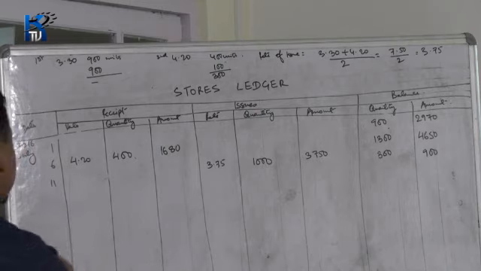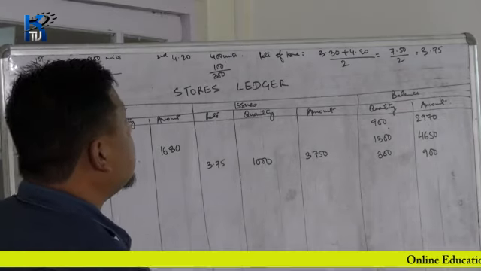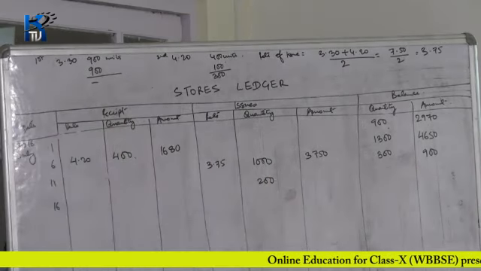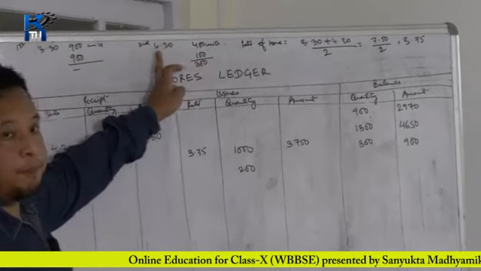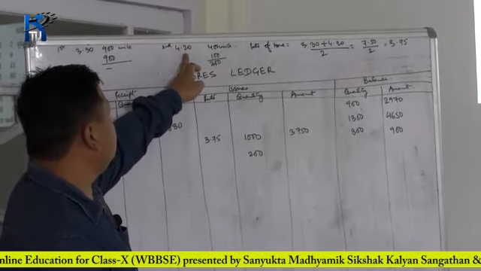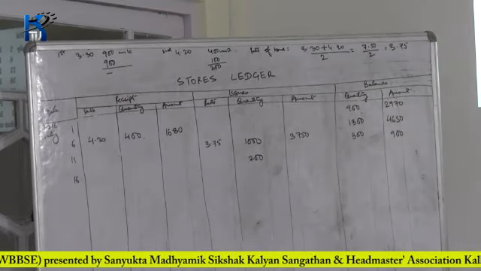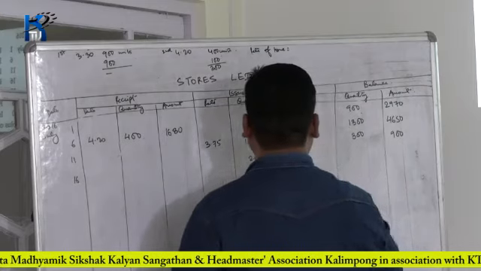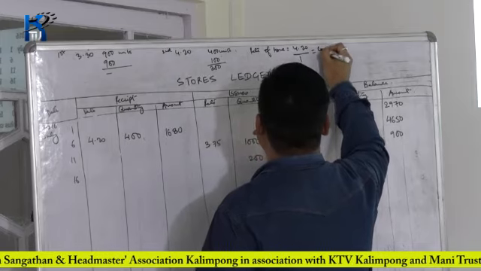Now let's go to the next date, that is on 16th. On 16th also there has been an issue of 200 units. Now you may have noticed that on 16th there is only one single batch of 300 units. Rate is 4.20. Now the rate of issue will be 4.20 divided by, there is no other batch, only one batch.